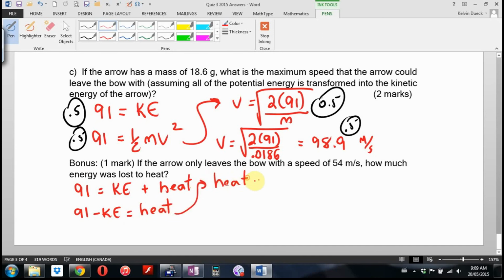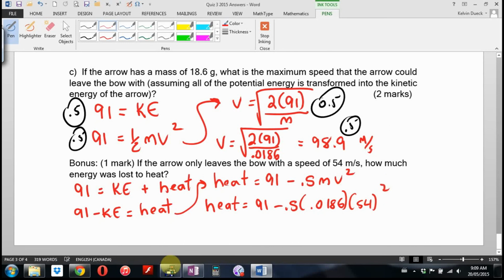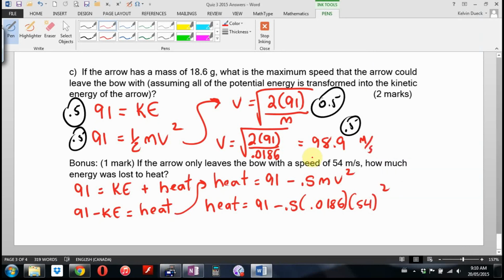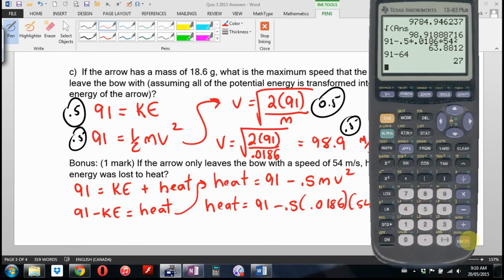The heat is going to be 91 take away a half mv squared, which is 91 take away a half times 0.0186 times 54 squared. 63.9, oh heck, 64 joules went into heat, and 91 take away 64, 27 joules went into making the arrow go fast.